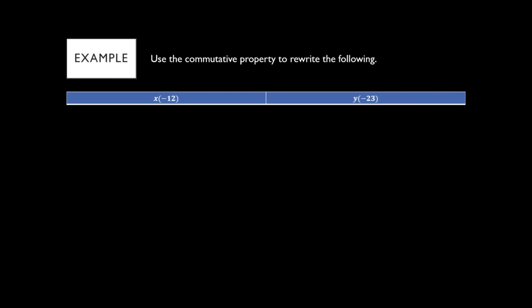The parentheses are there to make it clear we're not subtracting. If there were no parentheses, we would read this as subtraction. The parentheses are implied multiplication, so this is x times -12 and y times -23.